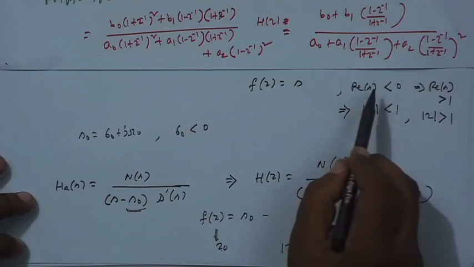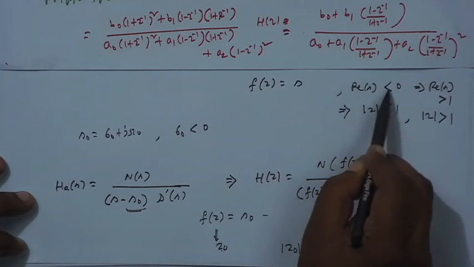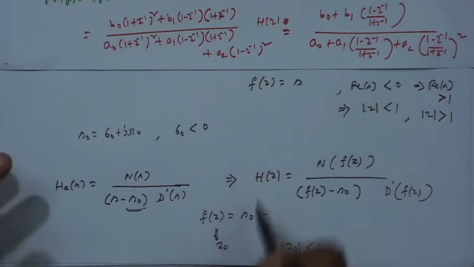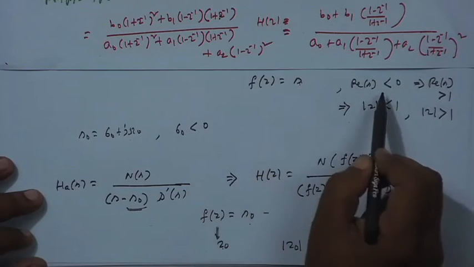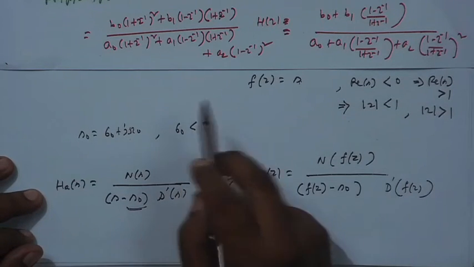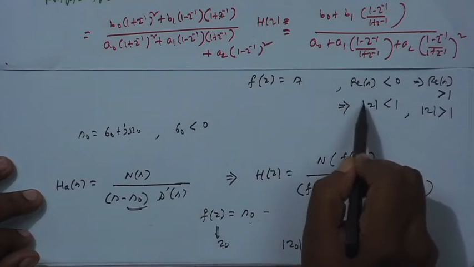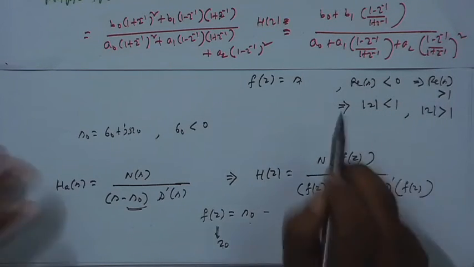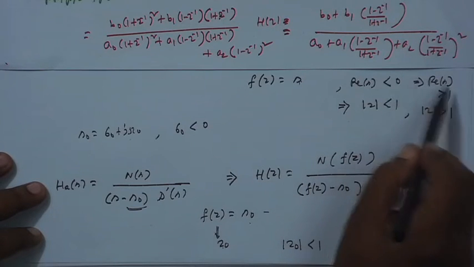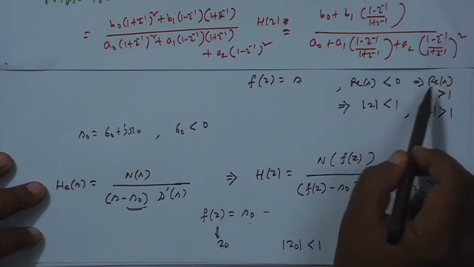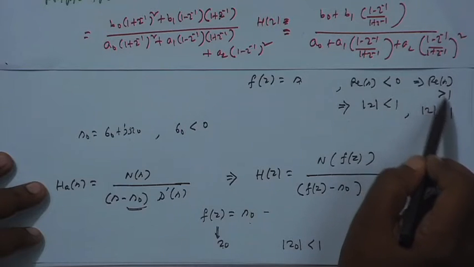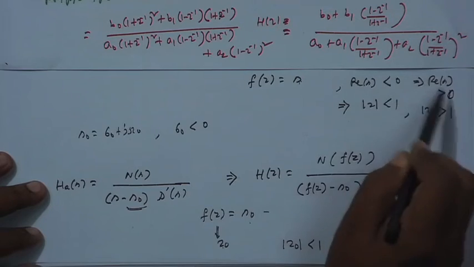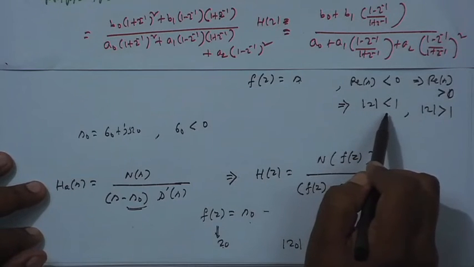That is, if the original analog system is causal and stable, then the pole, if instead of S naught I take a more general S, is in the left half plane, and the corresponding pole in the z domain is within the unit circle, because mod z is less than 1. But at the same time, if the analog system is not stable, that is, the real part of S is greater than 0, then it should not also lead to mod z less than 1.